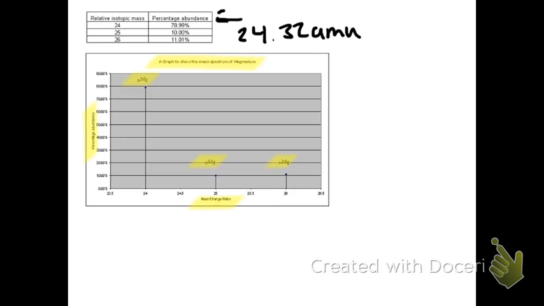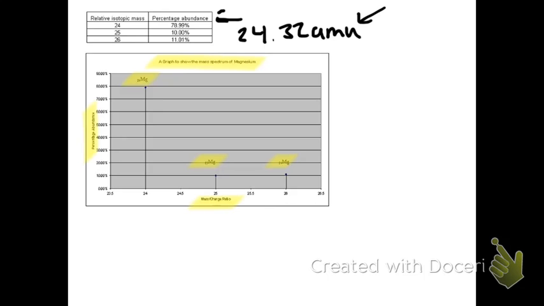Alright, so what we're going to do is learn how to calculate this number for every single element on the periodic table using the mass spectrum data given to us. And you're going to have to do this on the test. And so this is how you do it.